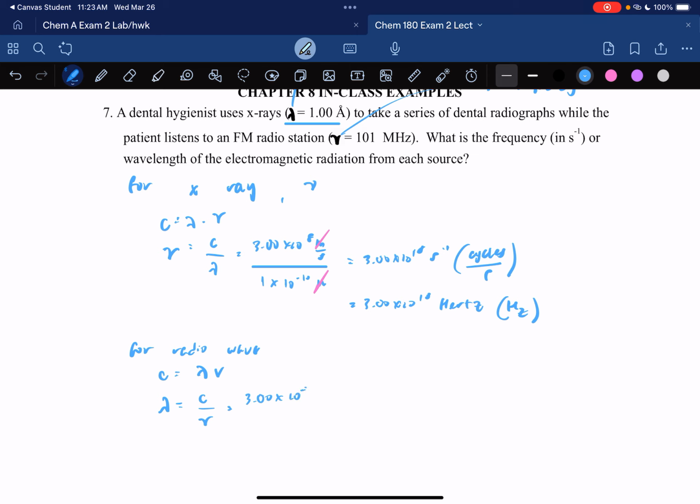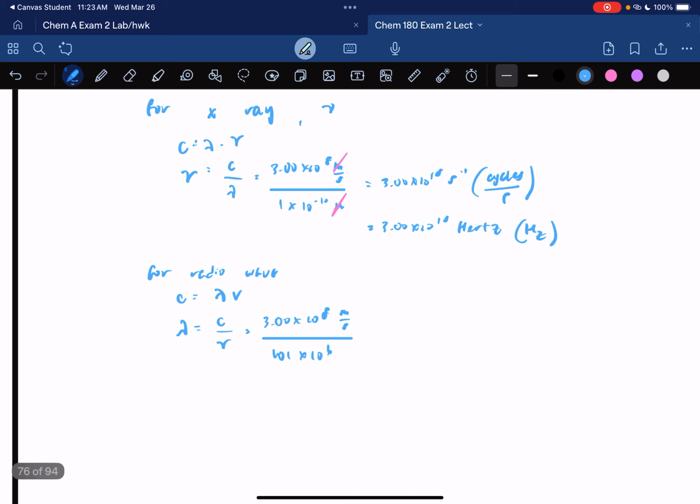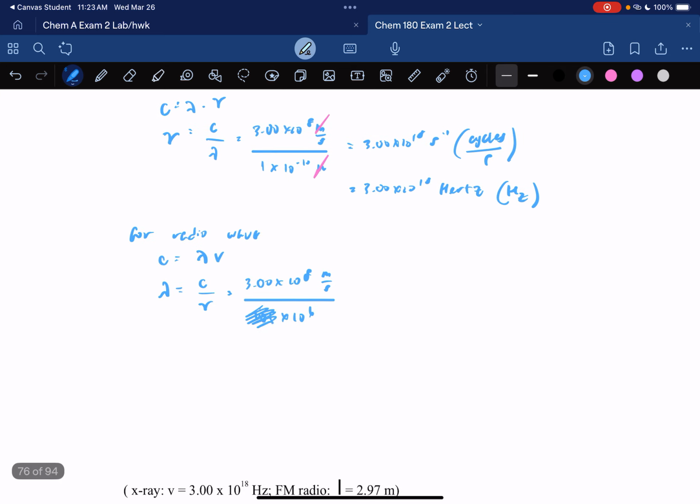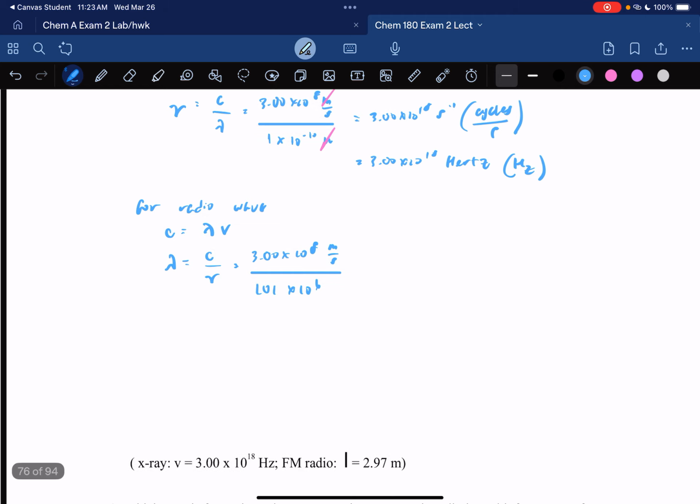Mega is 10 to the 6, and hertz is 1 over seconds. So the seconds cancel out, and we end up with 2.97 meters. That's the wavelength for the radio wave.